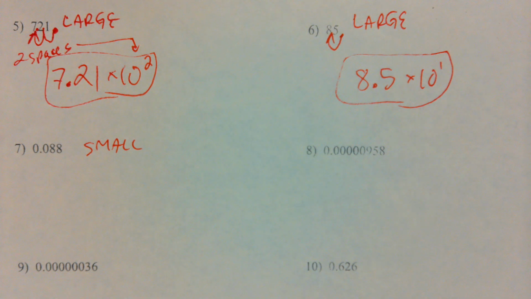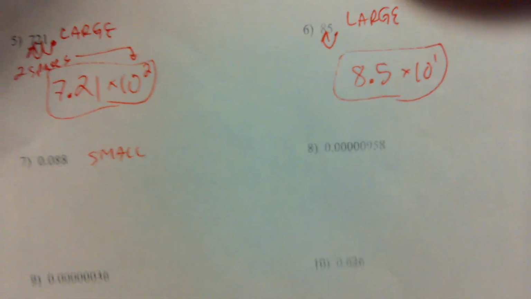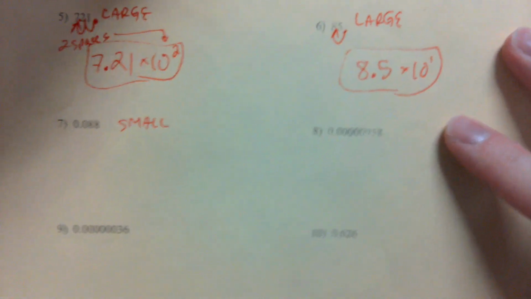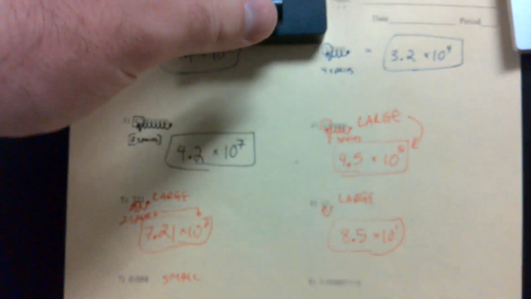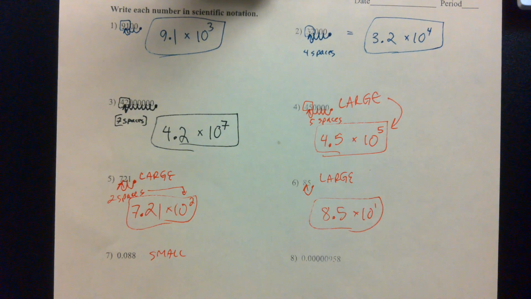Question? No? Okay. Stay with me, guys. I know we probably all have this down, but we still got to talk about it. Those are our large numbers. They're all going to have positive exponents. Those first 6 are all large numbers with positive exponents.